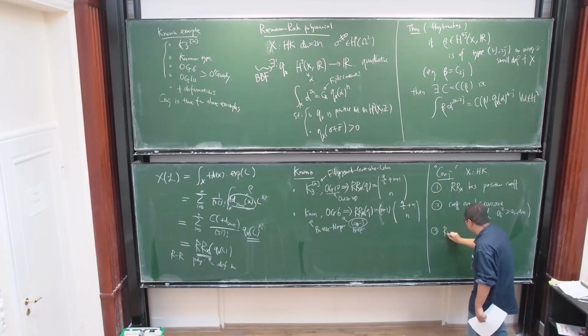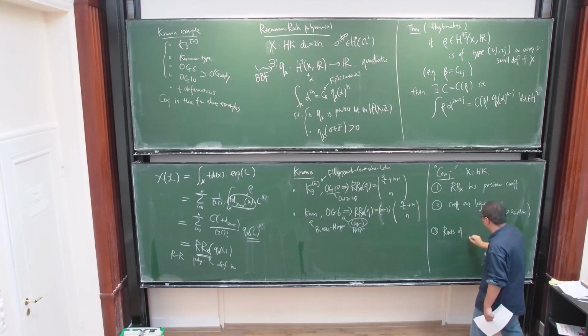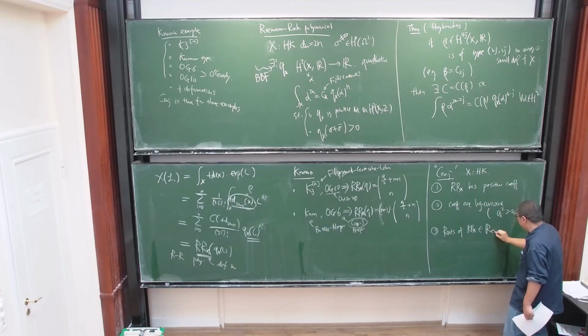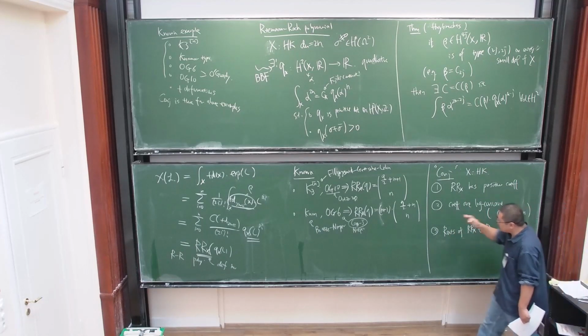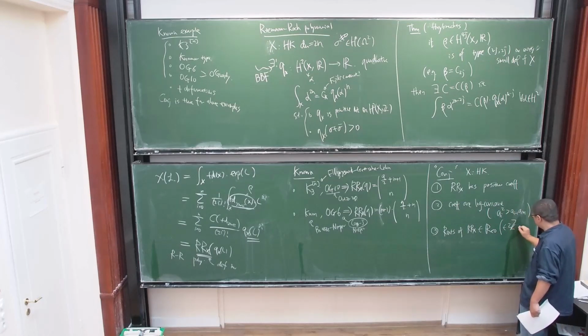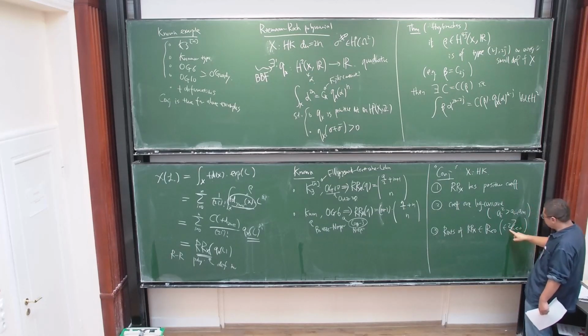So the roots of Riemann-Roch of X are in R negative. If you look closer, it's not only negative, but in this set, so it's even a negative number.